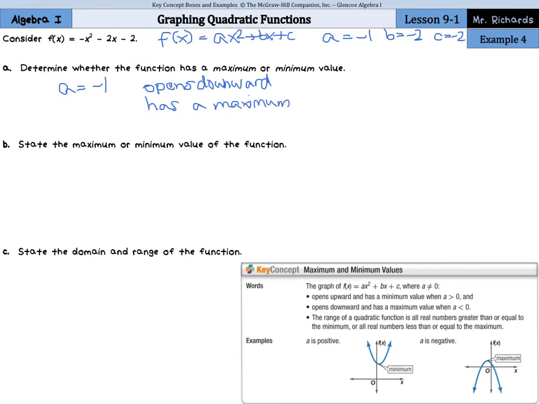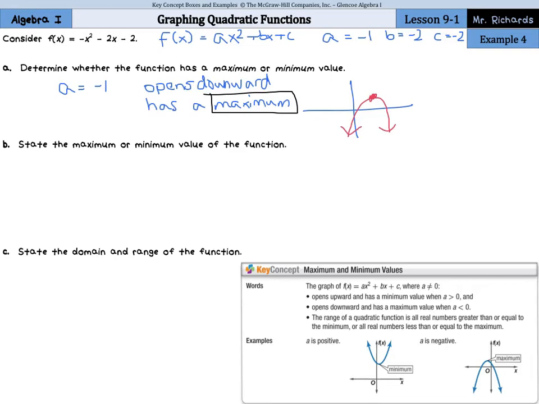I mean, if you just think about a graph that's going to open downward, any kind of graph that opens downward, the minimum, well, you don't know. It just keeps going forever. But you do have a maximum point. And so that's why we can say that this is a maximum.